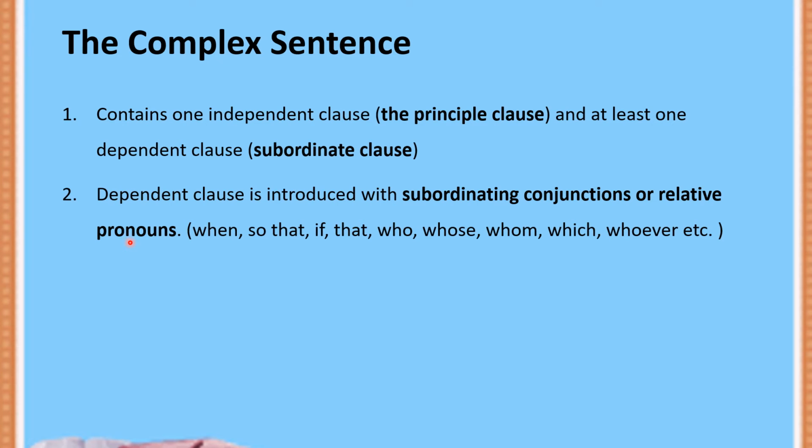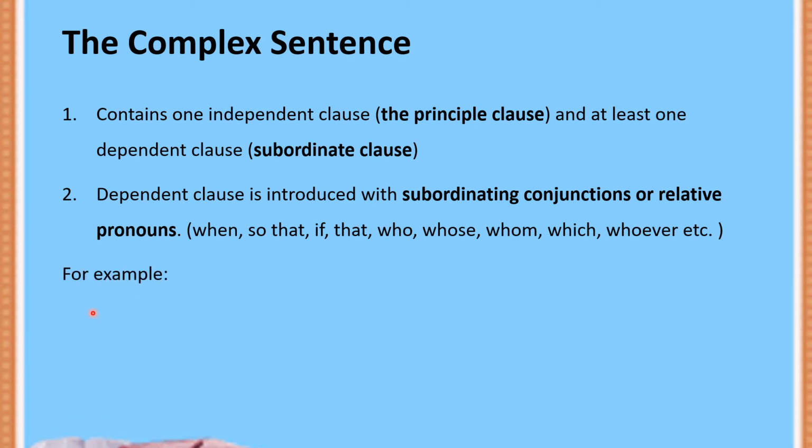Following are some of these words: when, so that, if, that, who, whose, whom, which, or whoever. So note the point that the dependent clause in the complex sentence is introduced with subordinating conjunctions.